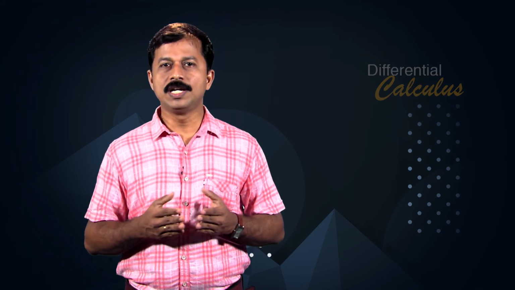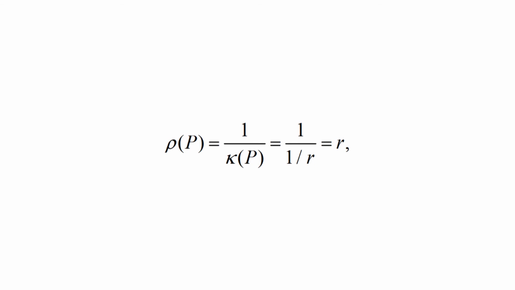Thus, the radius of curvature of a circle having radius r is given by ρ(P) = 1/κ(P) = 1/(1/r) = r, which is the radius of the circle. Hence, the circle of curvature of the circle C is the circle C itself.